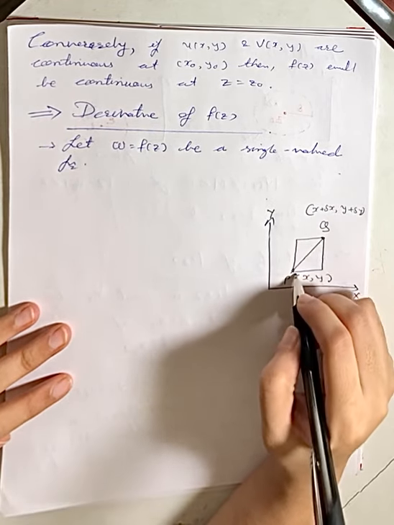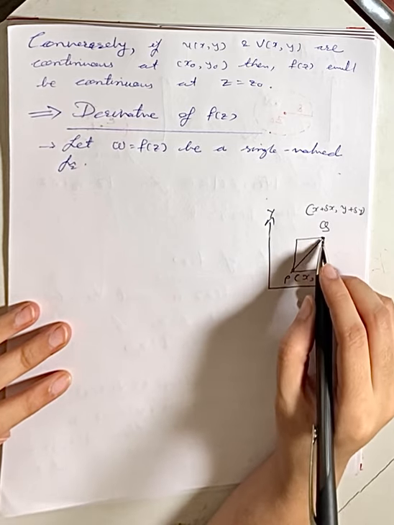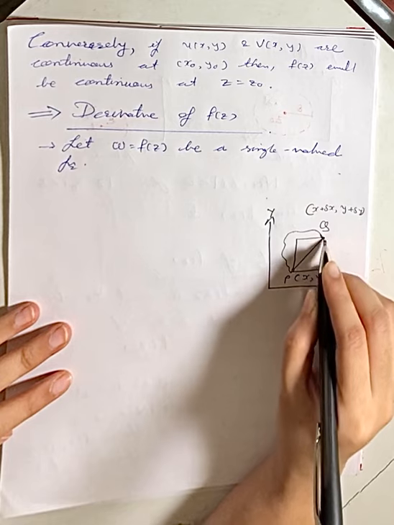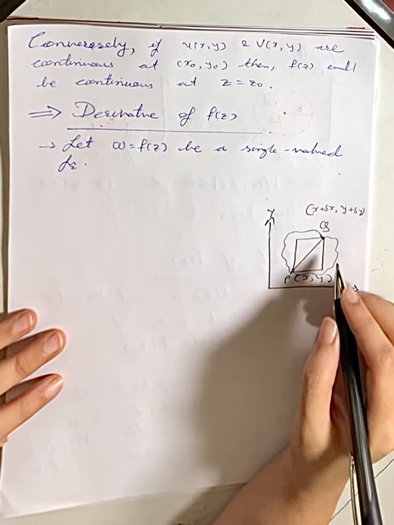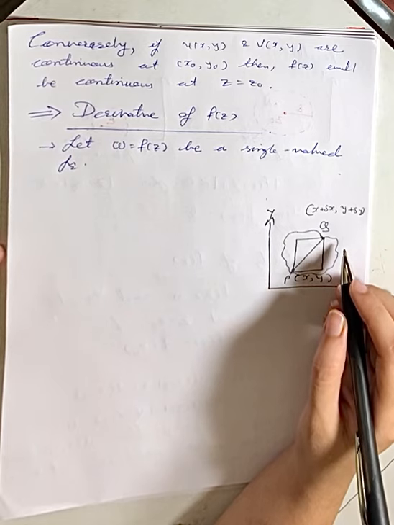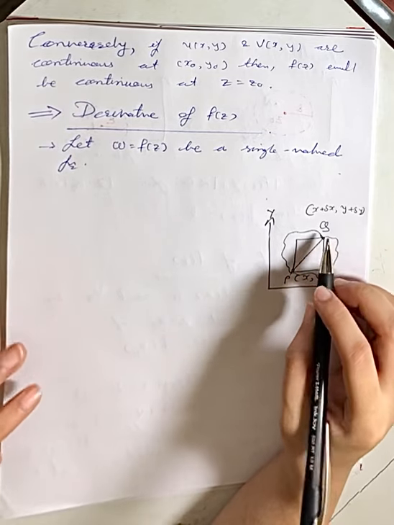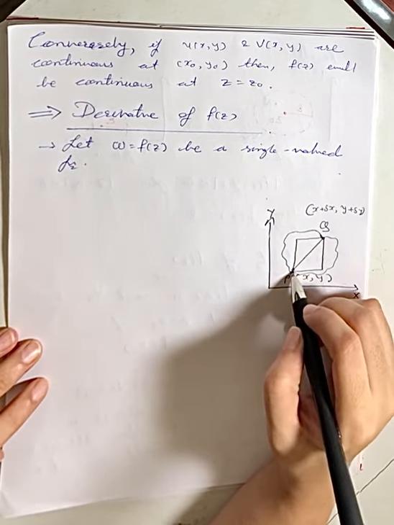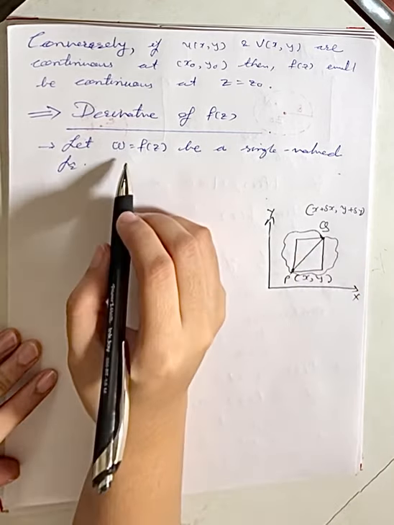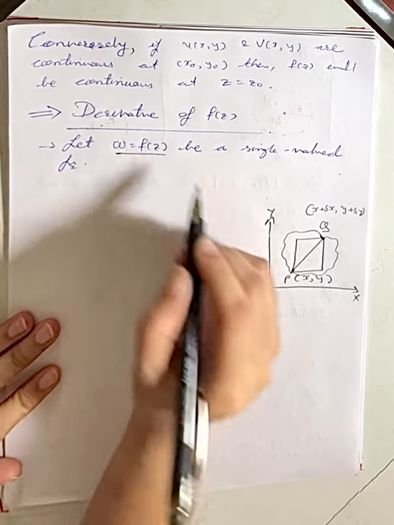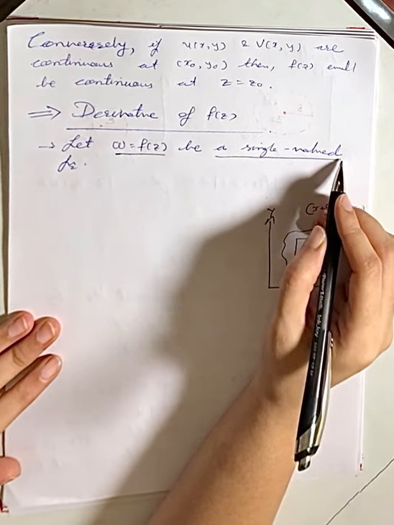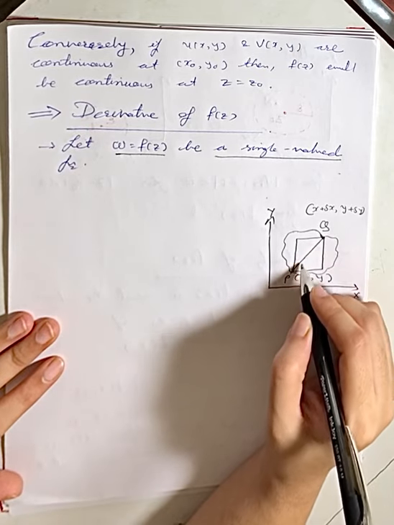So these paths you could take, or else you could even take some very random path and you could reach P. So there are so many ways by which you could reach point P from point Q. But when we say that f of z is a single valued function, it means that it is independent of the path you take.